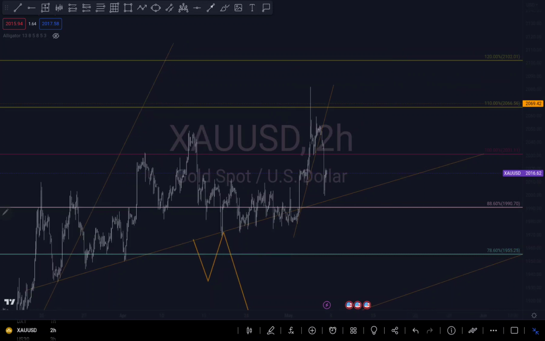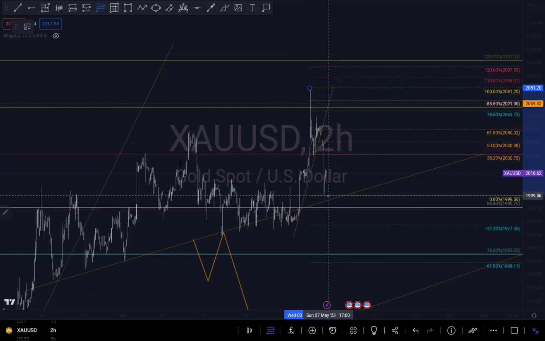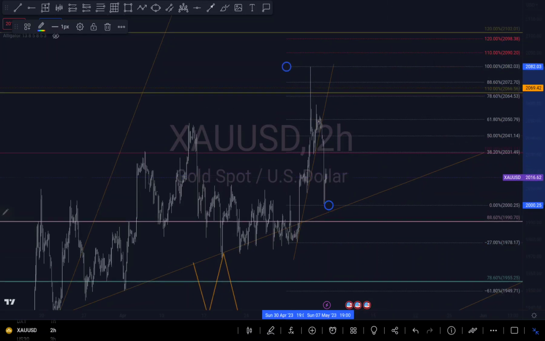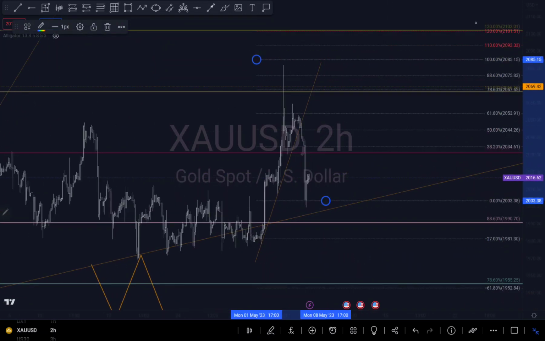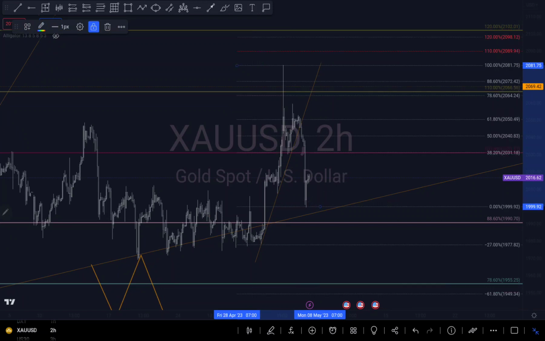That's a possibility. So what I'll be doing is using my fib level just to see where it might reject, where it starts rejecting from. But this level right here hasn't given me enough indication that it's rejecting.